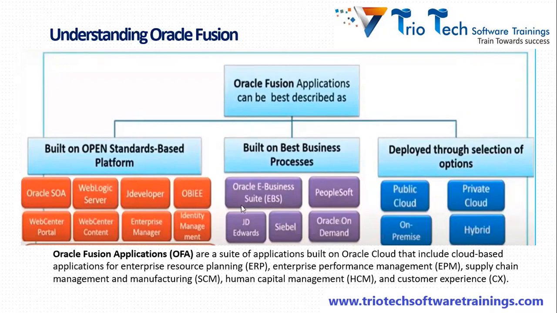They were experts in human resource process management. JD Edwards was in financials as well as supply chain, with procurement and applications which catered to the supply chain business process. Siebel was into customer relationship management.